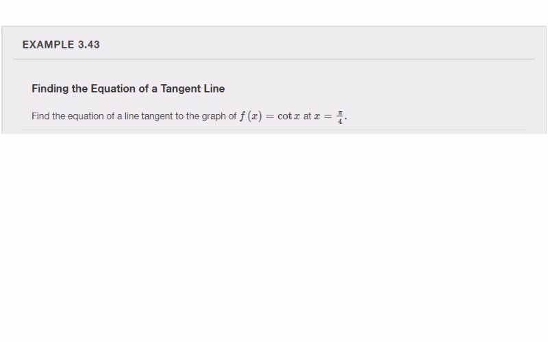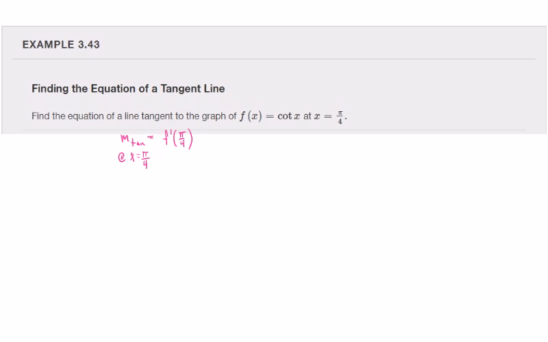If we're trying to find the equation of a tangent line, then first we have to find the tangent slope, which is at this given point, x equals pi over 4. In order to do that, we have to find the derivative at that point.